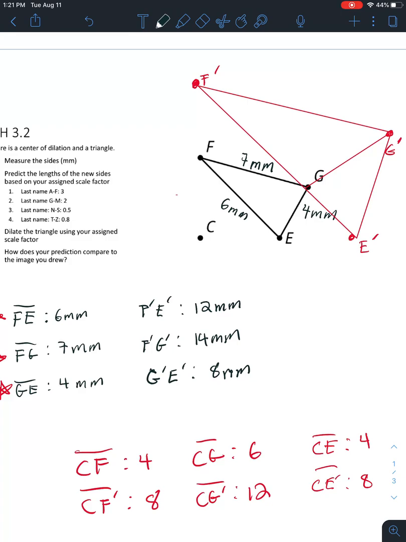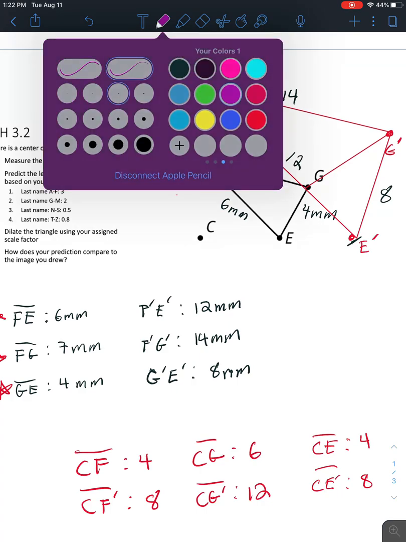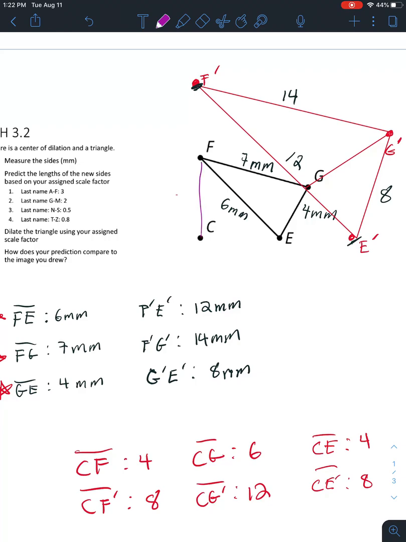Not only will these measurements fit that, this would be 14, this would be 8, and from here to here would be 12. But we can also say that it's dilated through the center because when I make a line through the points, they will always connect perfectly, or they should connect perfectly. And that's what we mean by dilating through the center. So I hope that helps.